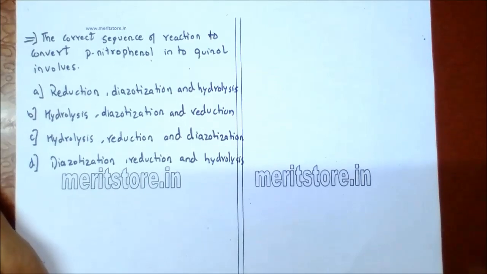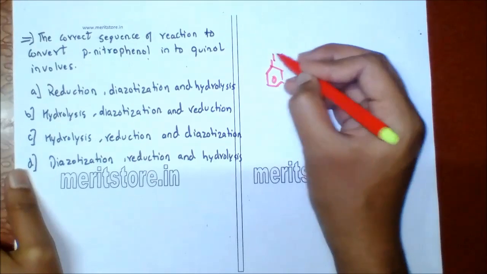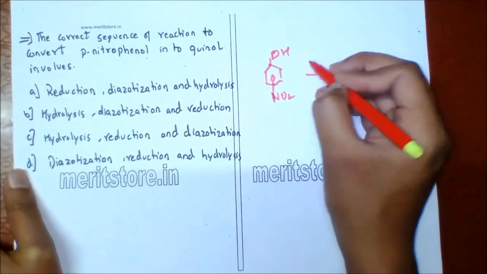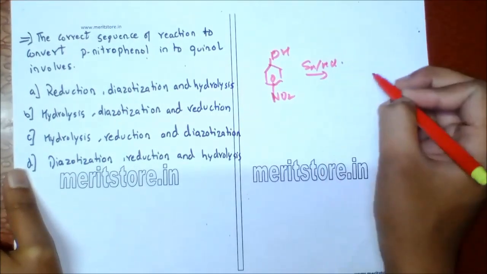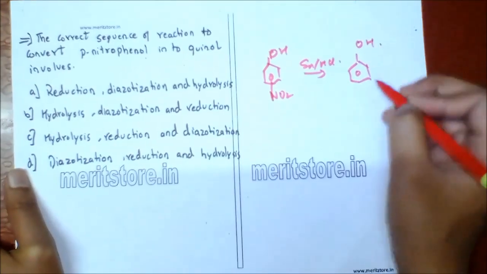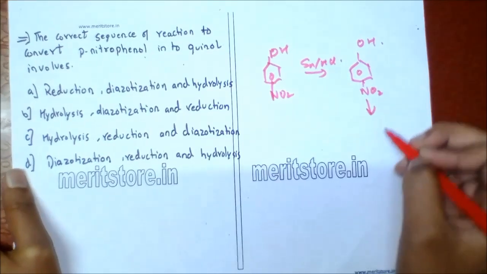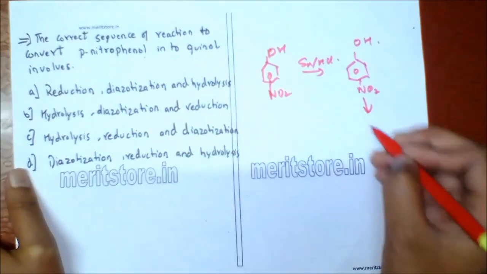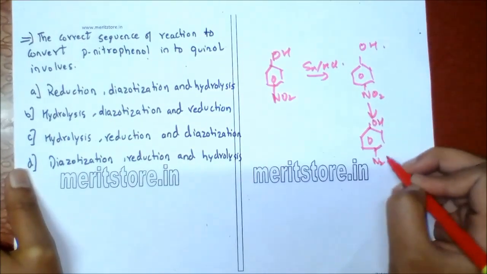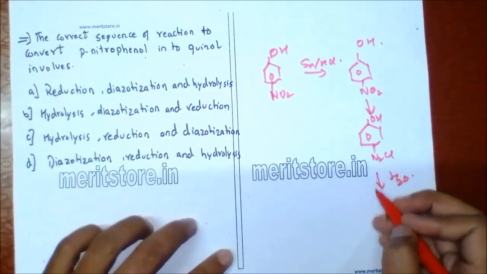So para-nitrophenol with Sn in presence of HCl, that is reduction, gives aminophenol, which on reaction with nitrous acid will give diazophenol, which on hydrolysis in presence of water will give quinol.